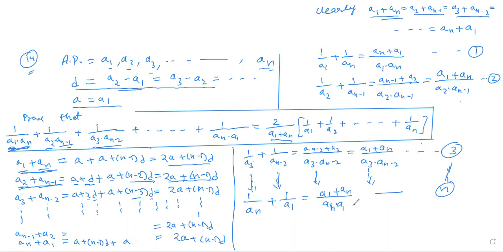Now if we add all these equations, what do we get? Adding all the equations, this is 1 by a1 plus 1 by a2 plus 1 by a3 and so on up to 1 by an.